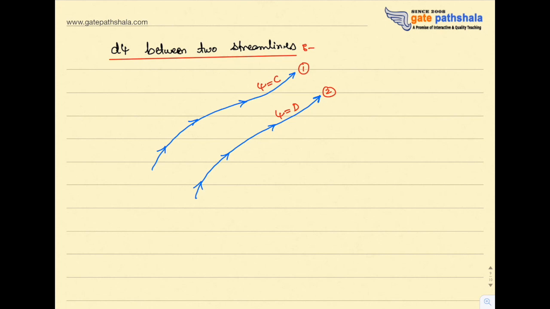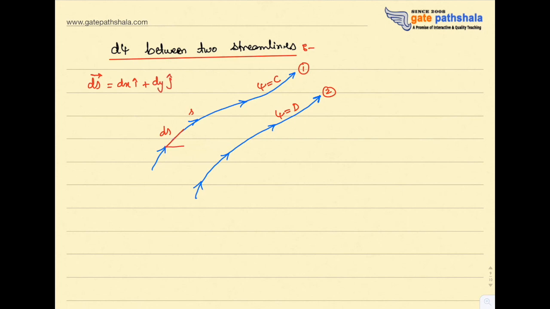I will consider a small element ds. Let ds be the length of this element, so that if I am going in an arbitrary direction s, ds bar can be written as dx i cap plus dy j cap in a 2D flow.